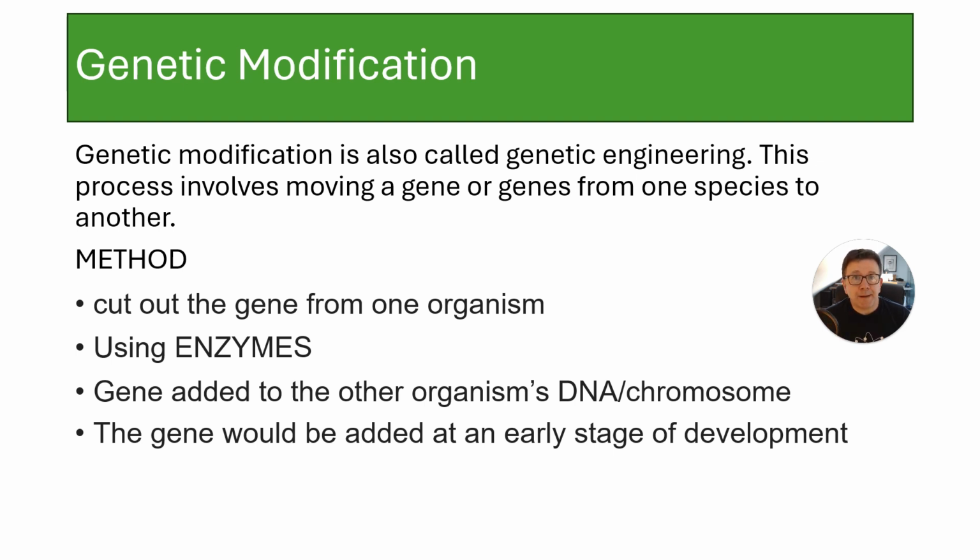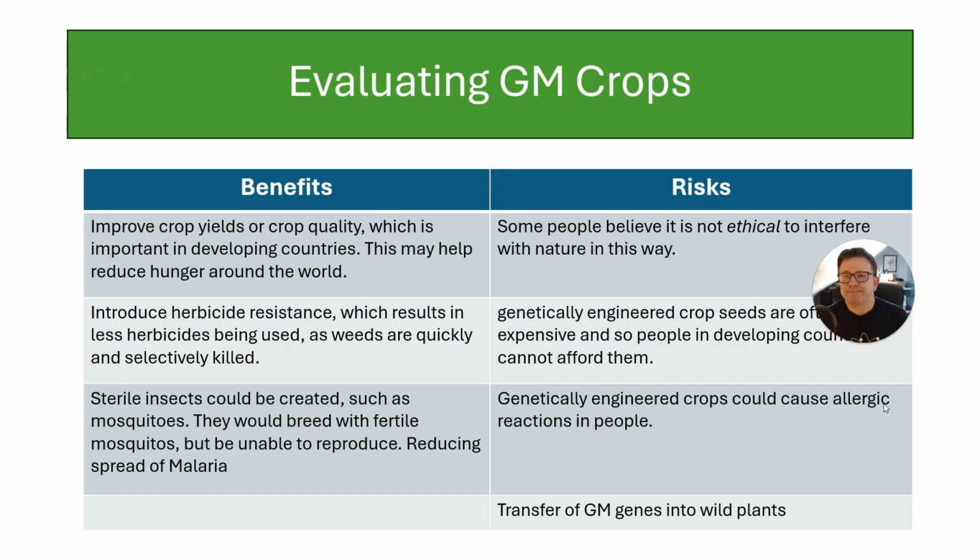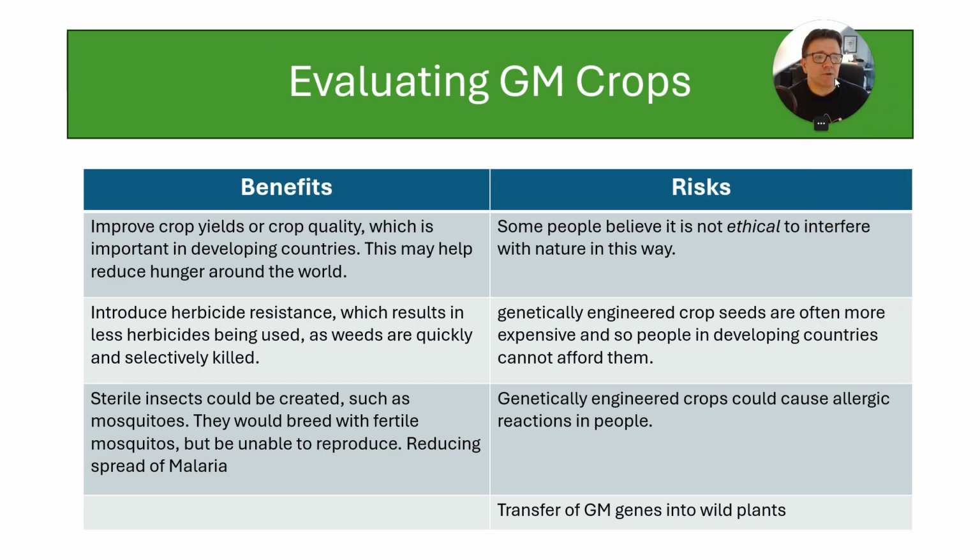They might ask you about insulin production. Insulin uses bacteria. You put the human insulin gene into a plasmid in the bacteria, and because they reproduce asexually, they clone, and they can produce lots and lots of copies of the human gene that releases insulin.